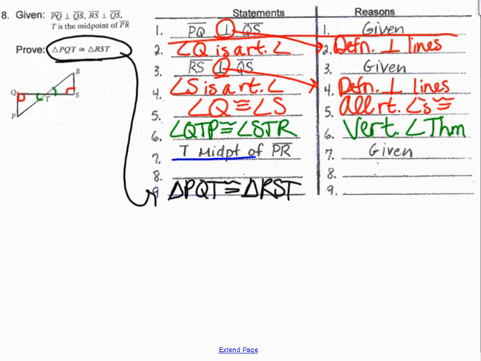Now I'll move on to blue. That's not congruent. Oh, geez. So now I'm going to have to try to figure out how to use that. So if T is the midpoint of PR, okay, well, we did midpoint already. That tells you congruent segments. So I'm going to say PT is congruent to TR by, use that reason before, you see that word, this is going to be definition of a midpoint.